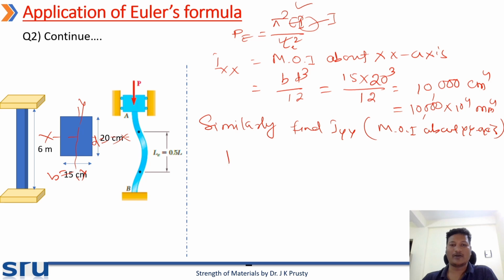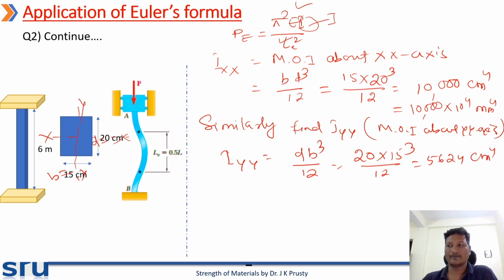What is the formula here? Iyy is equal to D B cubed by 12. So here D is 20, B is 15 cubed by 12. We get the value 5624 cm4, which is 5624 into 10 to the 4 mm4.